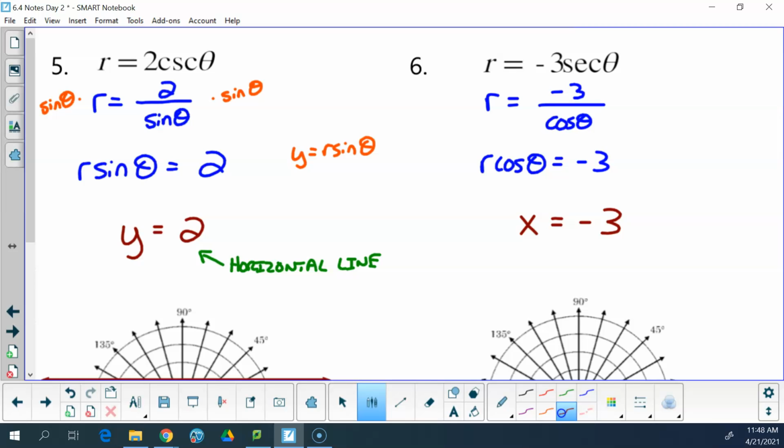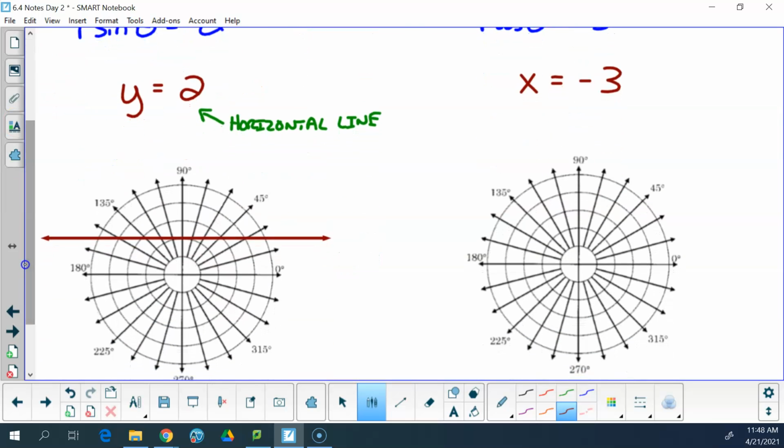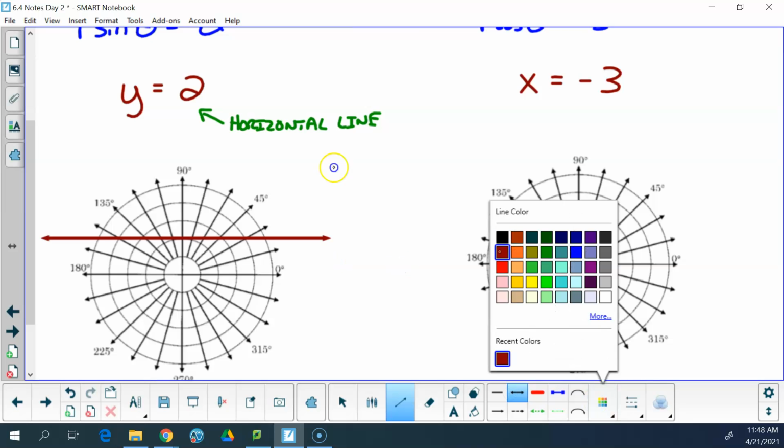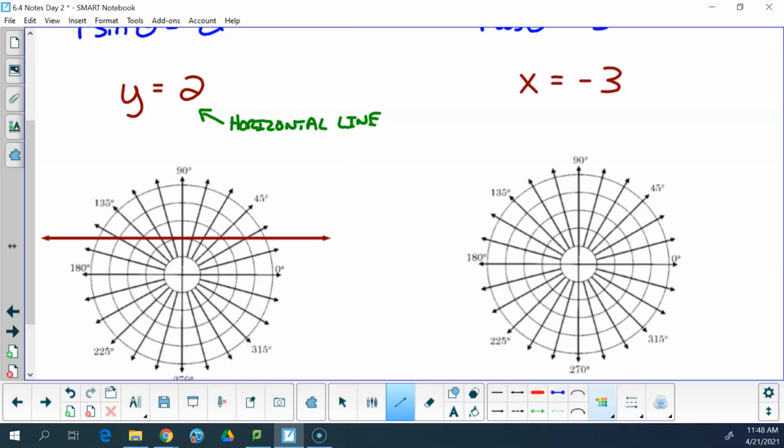X equals -3 are what kind of lines? Vertical lines. Yep. And so we would go vertically -3, 1, 2, and 3 from the pole. Okay.